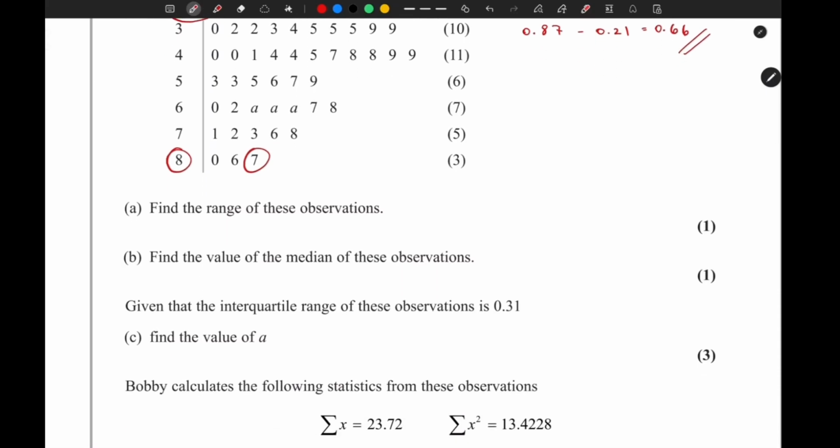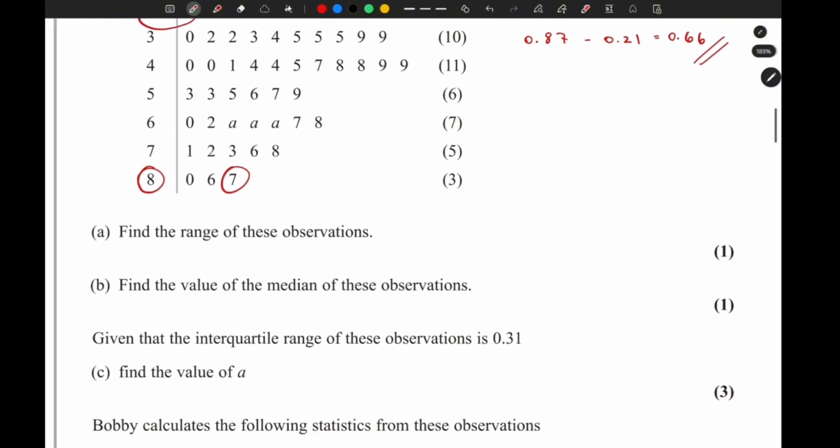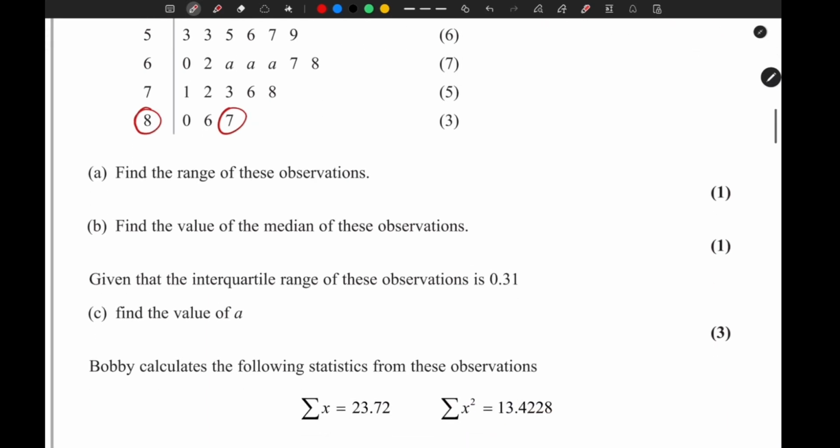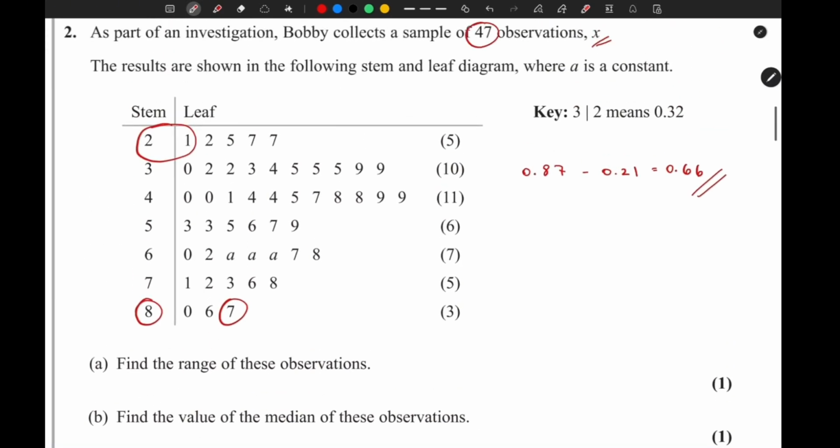Now for the next part, we need to find the median of these observations. So let's find where the median lies. There are a total of 47 observations, so Q2 will lie at 47 by 2. This gives us a decimal value, which is 23.5. We always remember to round up the value, so it will be 24. Even if it was 23.2, you will round it up to 24.